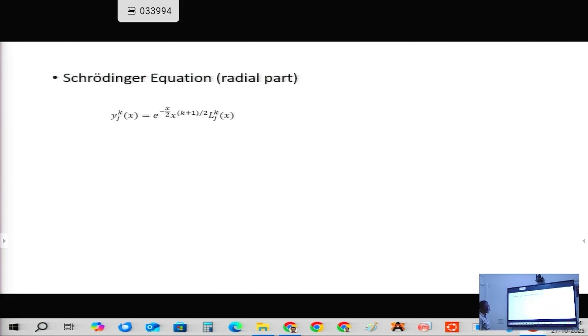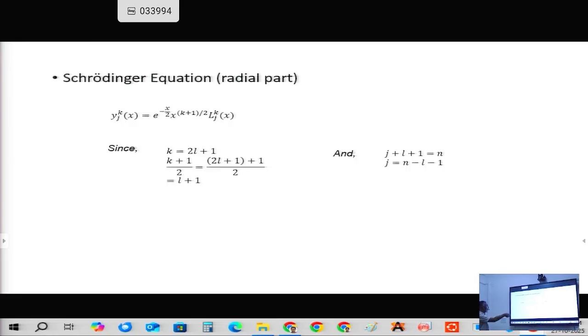Okay. Now again, we need to look at the equation once again. Here, the solution is this, right? We said that the solution should be of this form. Now, since k is 2L plus 1, we can write k plus 1 by 2, right? So k plus 1 by 2 is L plus 1.